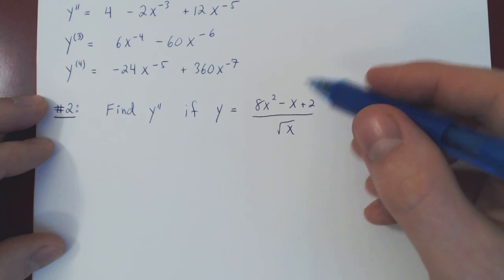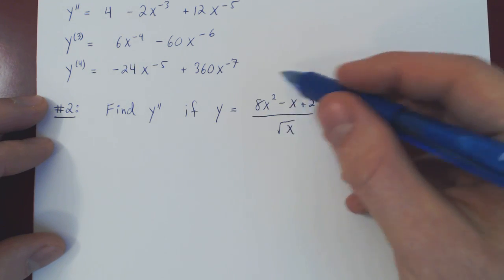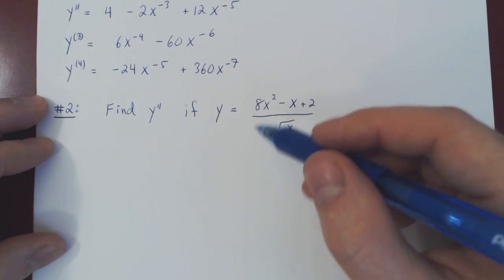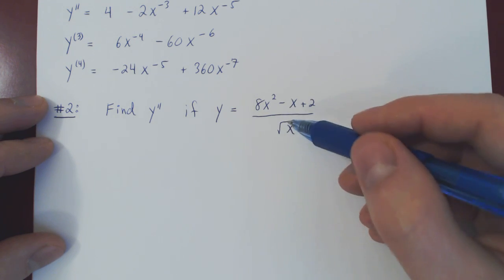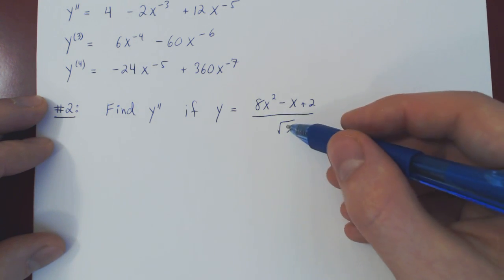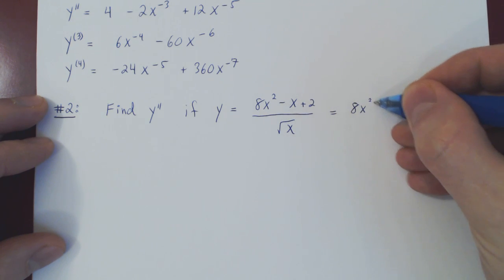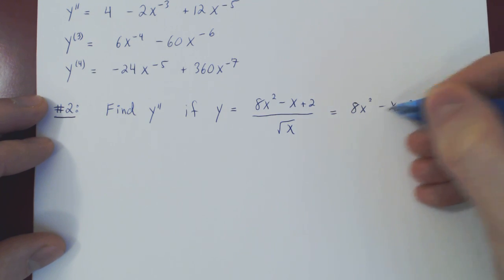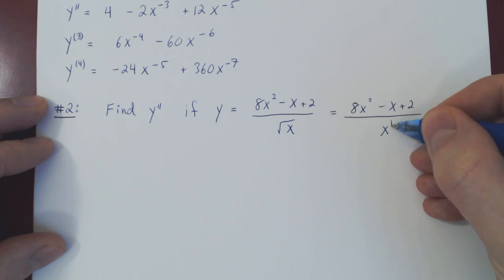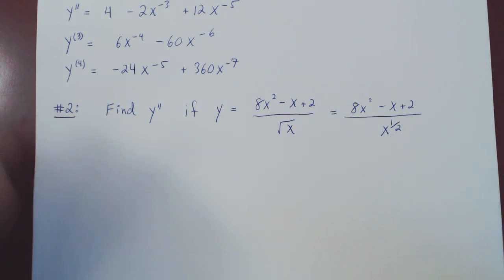Well, again here, if you find the derivative from the quotient rule, and then differentiate again from the quotient rule, you're working way too hard. As the root of x is x to the 1/2. So now you're back to the same problem as number 1.